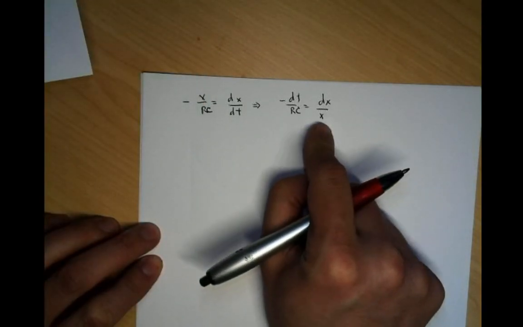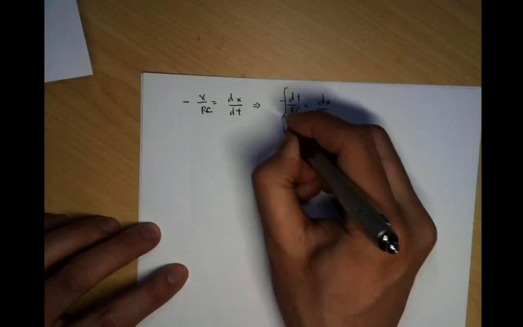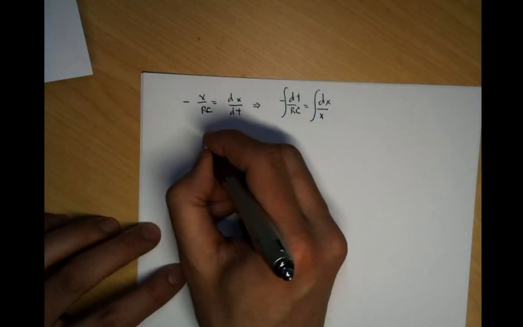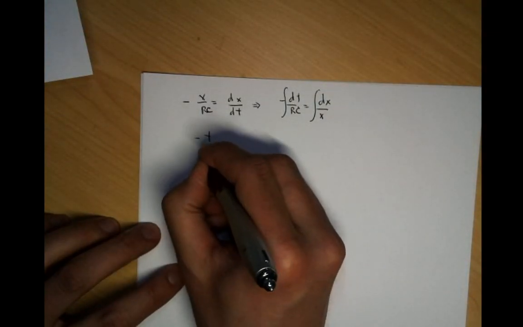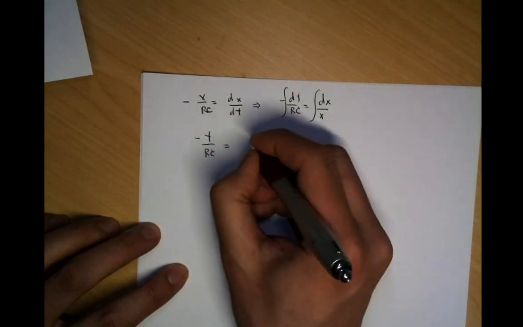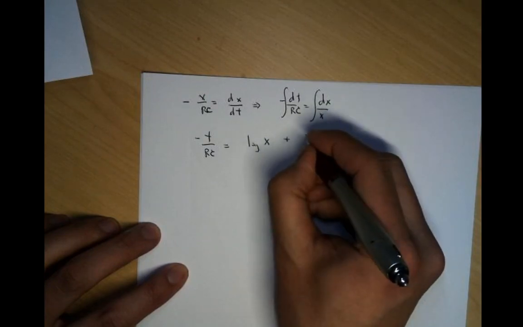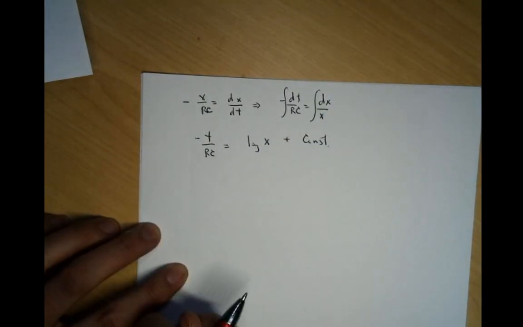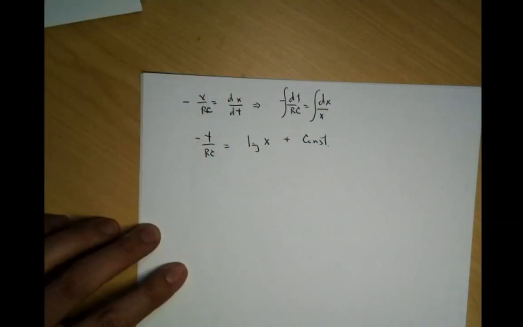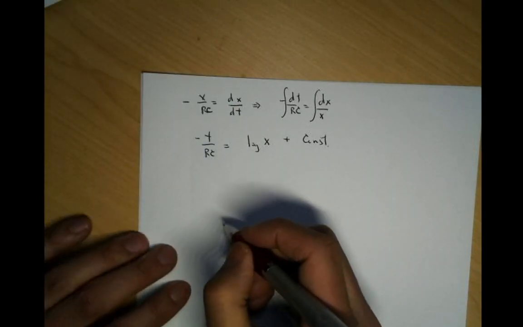So now let's just integrate this again. So this is going to be minus t over RC is equal to the logarithm of x plus some constant. It's basically the same thing as before.